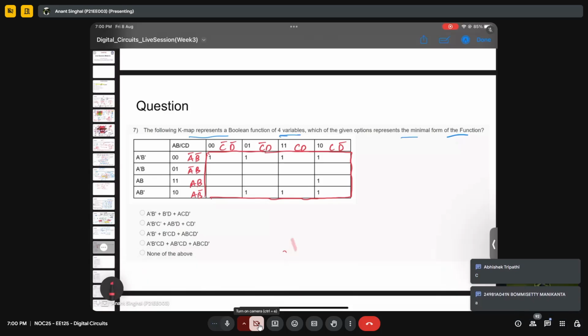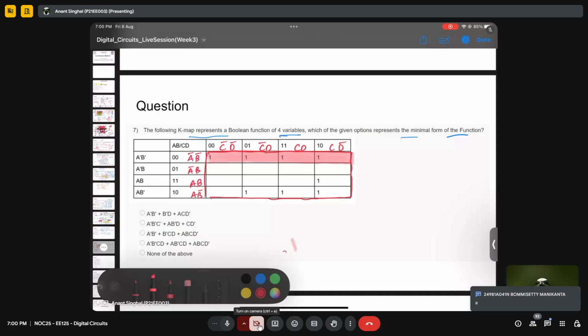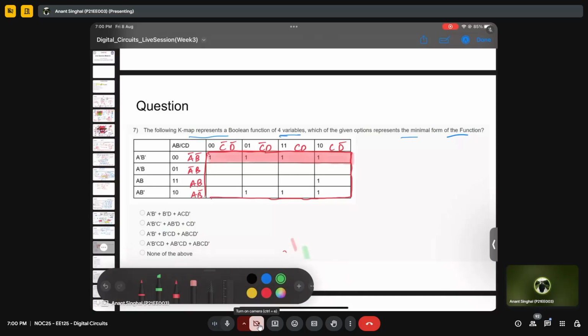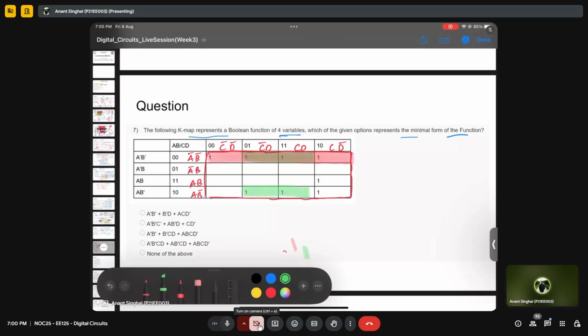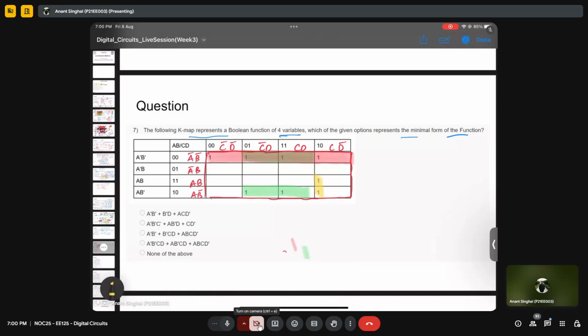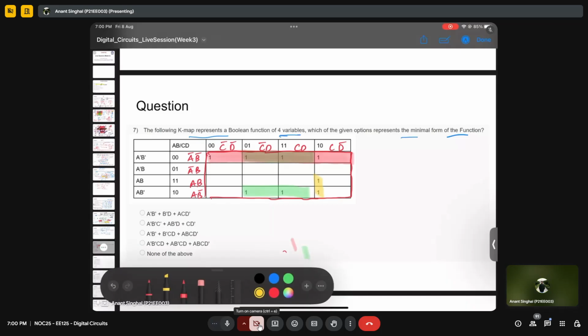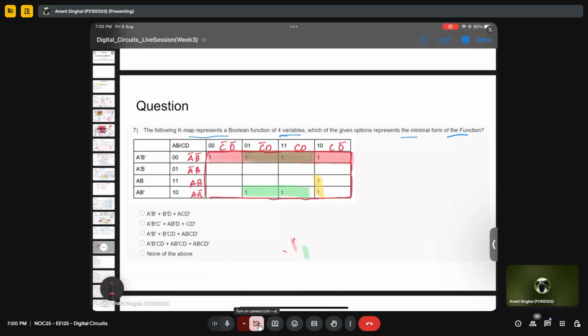The first, the clear quad that we can see, is this. The second, maybe I can make with a different color. These two ones can be converted into a quad with these two. So the second quad is this, and these two ones remaining now are kind of a pair. So these are the three terms we can have. The first term is A bar B bar.